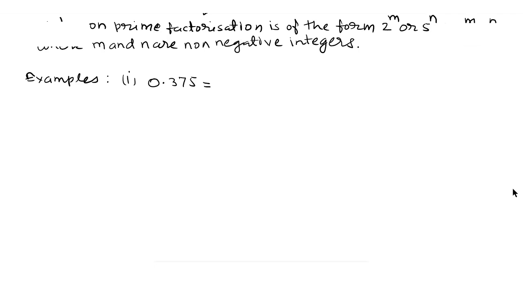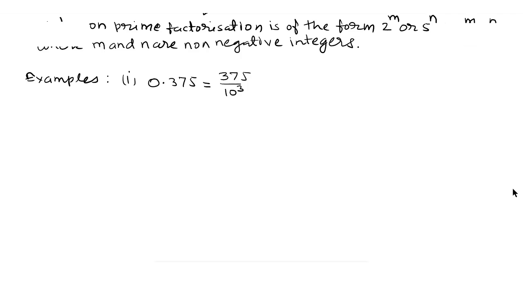Example 1, 0.375. If we convert this decimal into rational form, then this becomes 375 upon 10 to the power 3. As there are 3 digits after the decimal, the denominator is of the form 10 to the power 3.